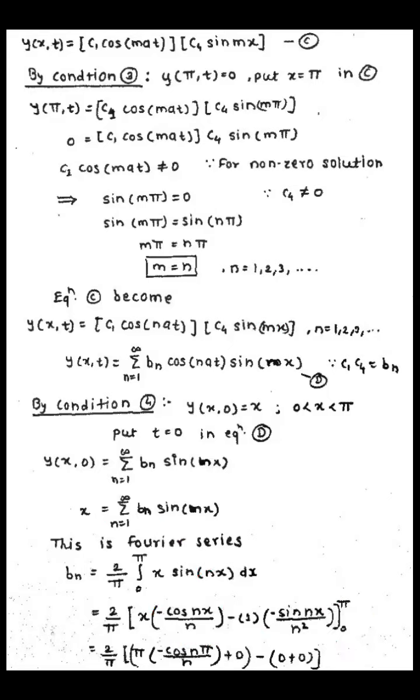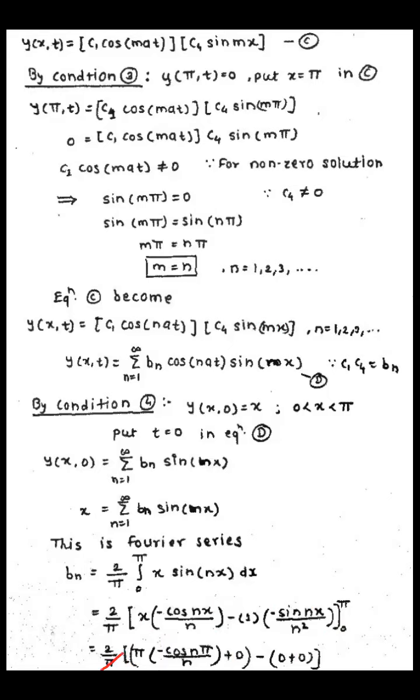Now put the upper limit in both terms. We obtain π times cos(nπ) upon n, plus, due to the sine term, sin(nπ) becomes 0, minus put the lower limit x at 0. The first term becomes 0 because x is 0, plus the sine term becomes 0. This way, we put in the limits.